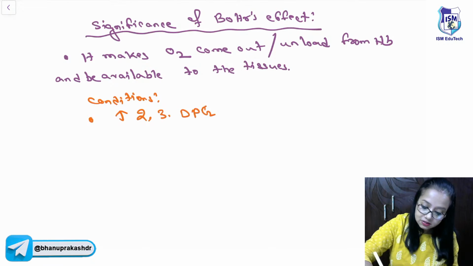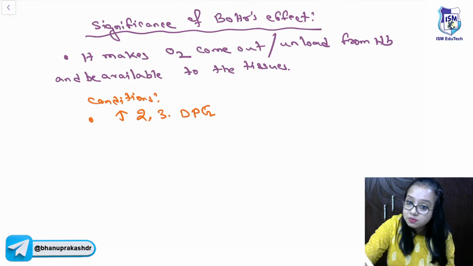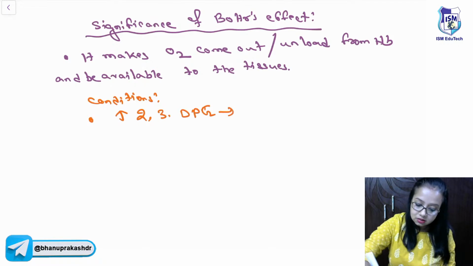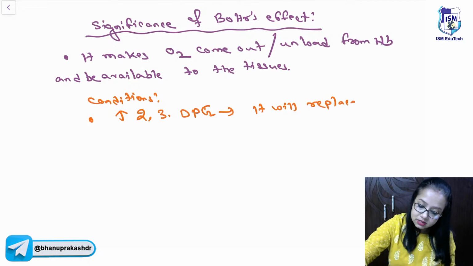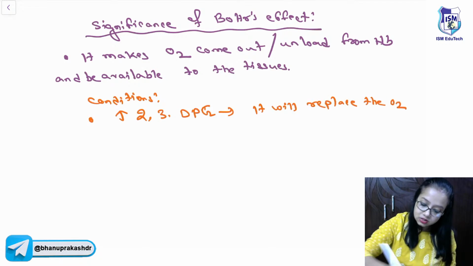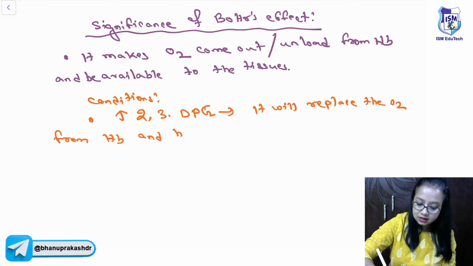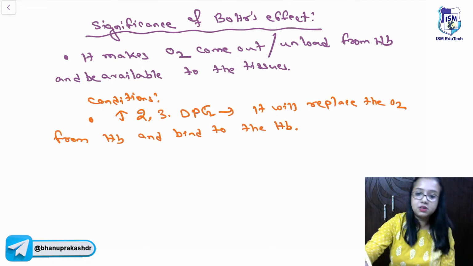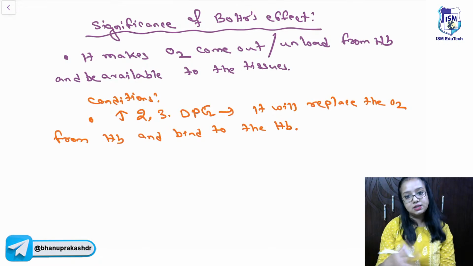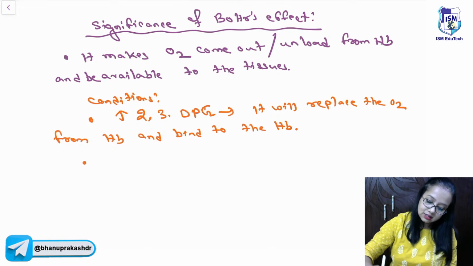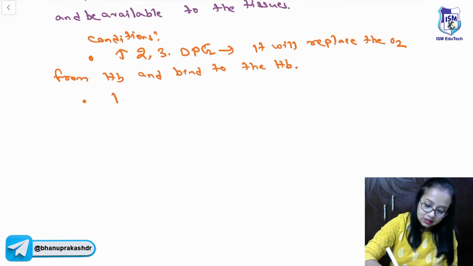Okay, so whenever there is increase in the 2,3-DPG, it will readily replace the oxygen from hemoglobin and bind to the hemoglobin. So now oxygen comes out of the hemoglobin and it is available for the tissues to use. This is one condition.